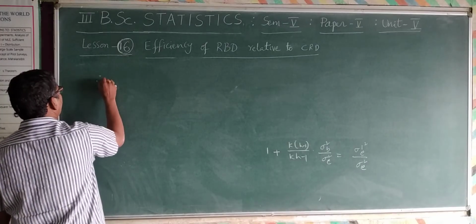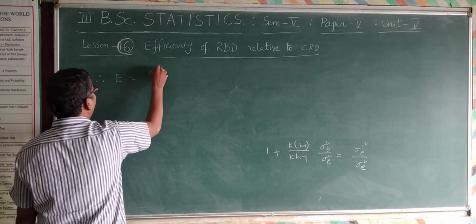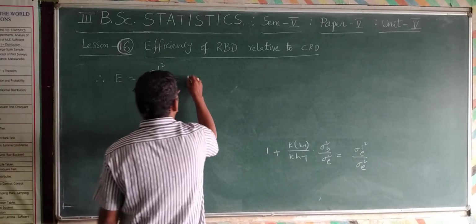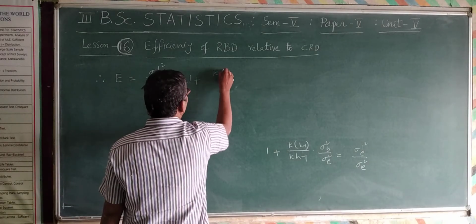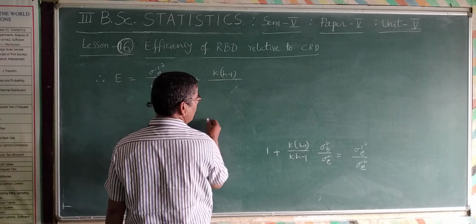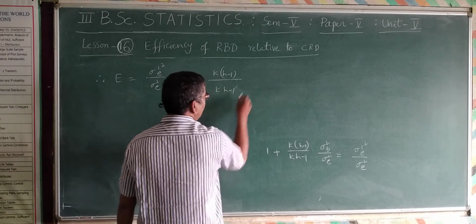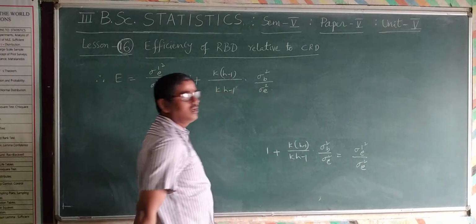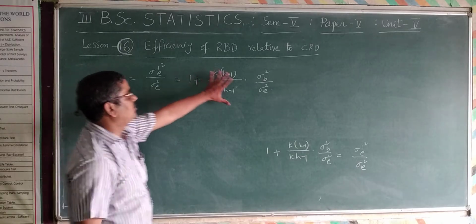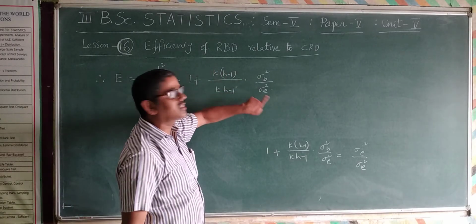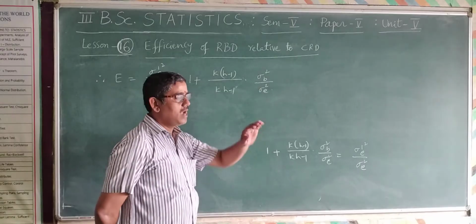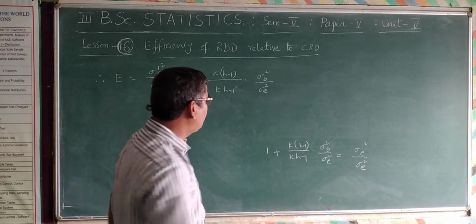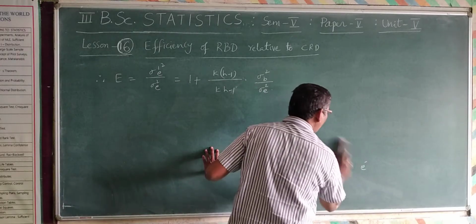Therefore efficiency is equal to sigma dash square e divided by sigma square e, which is equivalent to 1 plus k into h minus 1 divided by kh minus 1 multiplied by sigma square b divided by sigma square e. This is the efficiency in which sigma square b and sigma square e are to be estimated, and we have to substitute those values. The estimated values are to be found out.